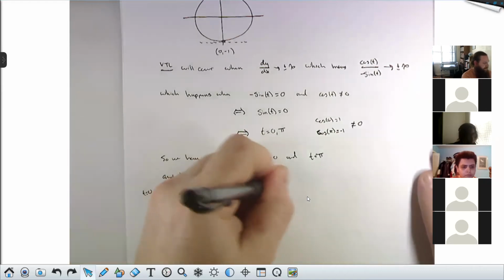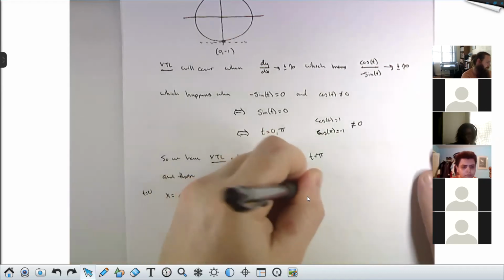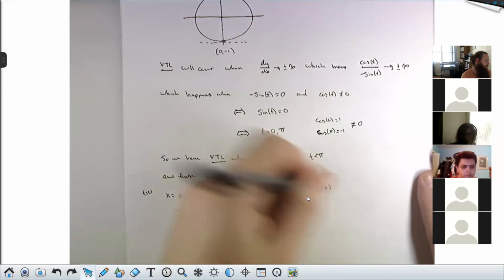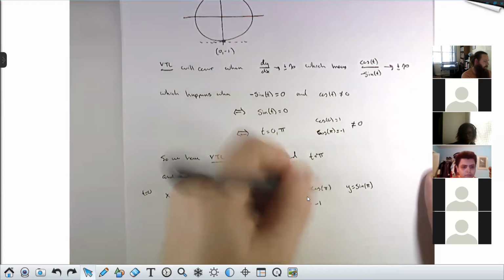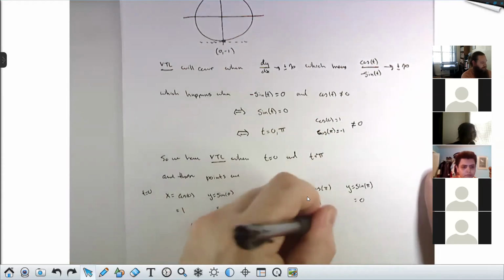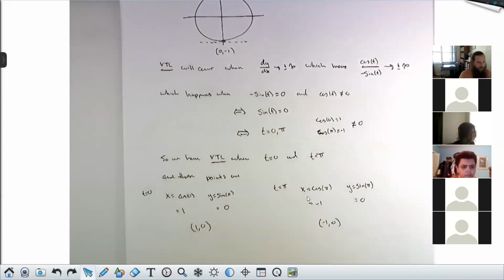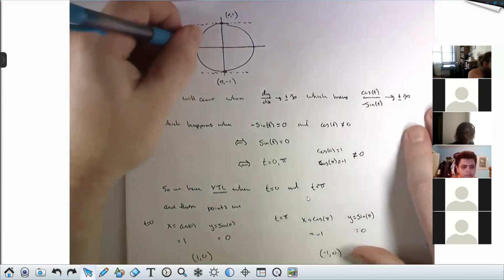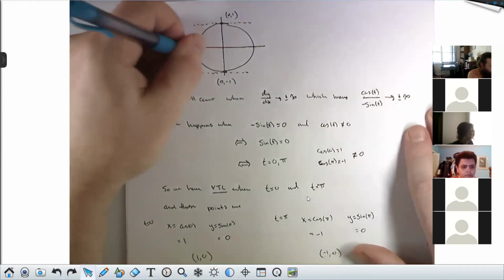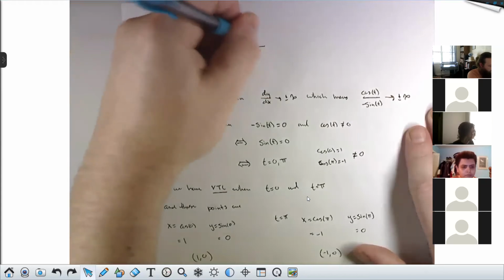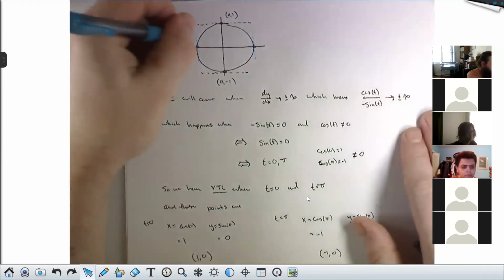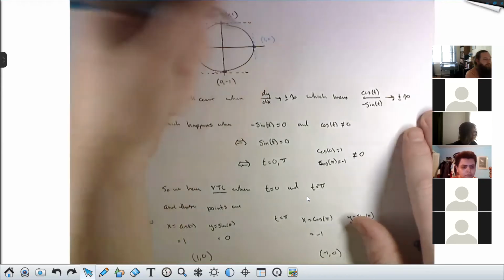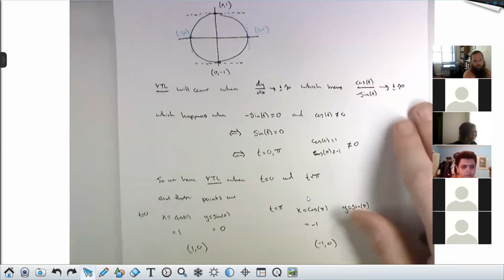The other one coming from t equals pi, x is the cos of pi, y is the sine of pi, so that's -1 and that's 0. So the other point here is -1, 0. And this is, again, no surprise. We know that the vertical tangents to the circle are right here and right here, which are -1, 0 and 1, 0.